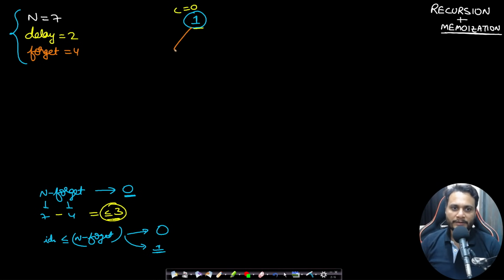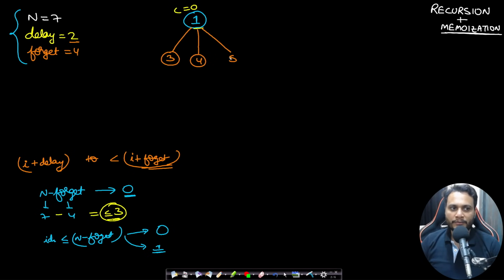So where will it spread? If the current index is, let's call it I, then it will start its spread from I plus delay to less than I plus forget. That will be the range in which it will try to spread the secret. So from 1, the delay period is 2, so it will spread to 3. It will also spread to 4, and it will also spread to 5.